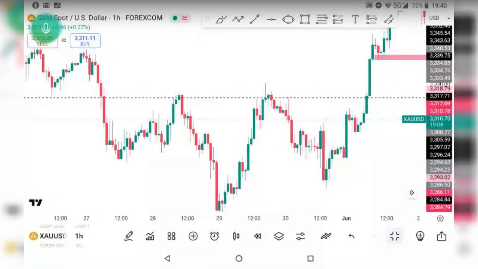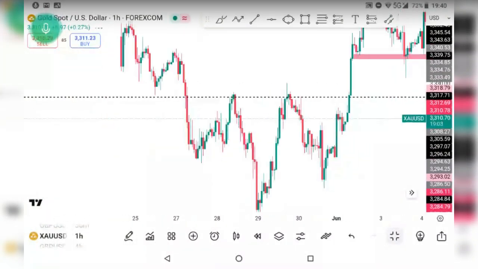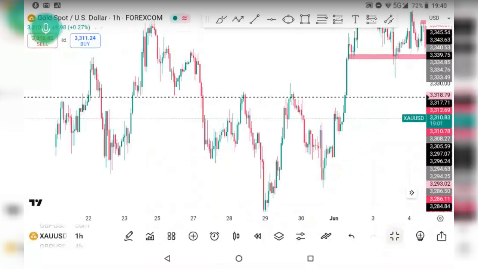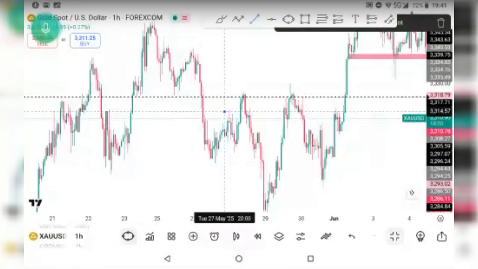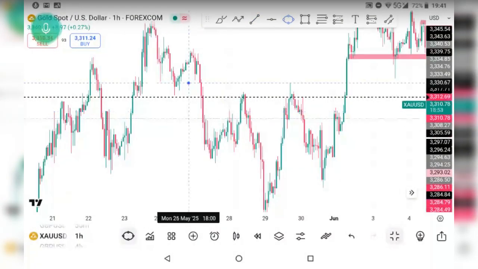I will show you guys another pattern after this. Let me mark out this section because the pattern I'll be showing you guys is actually this entire section.